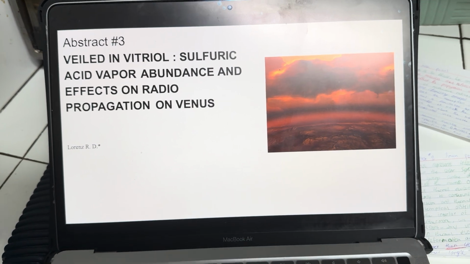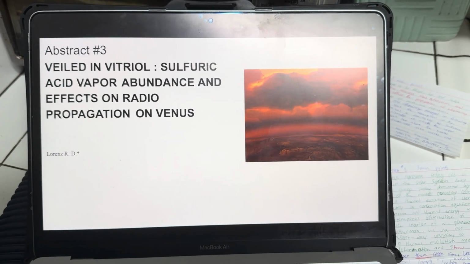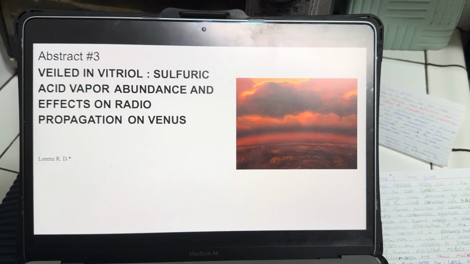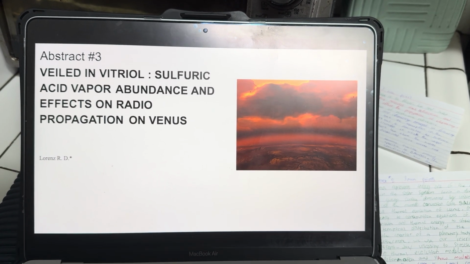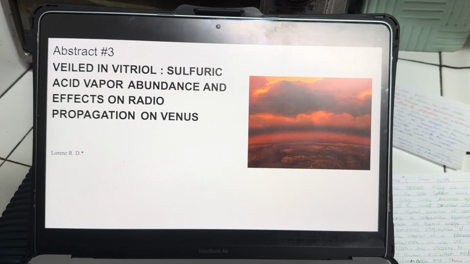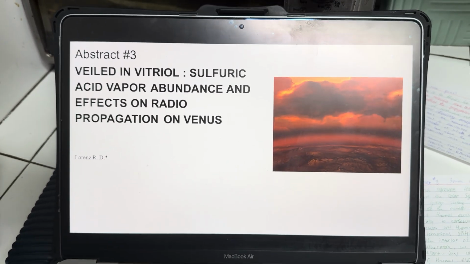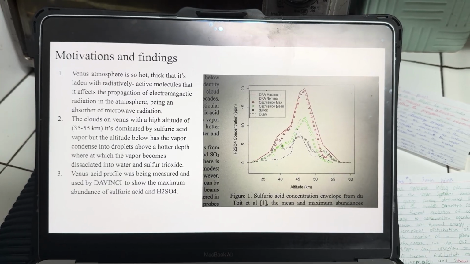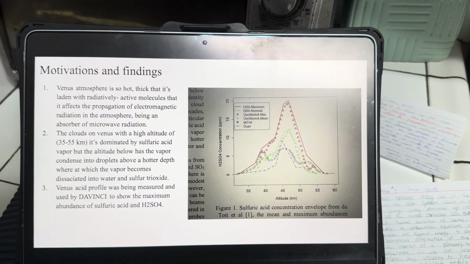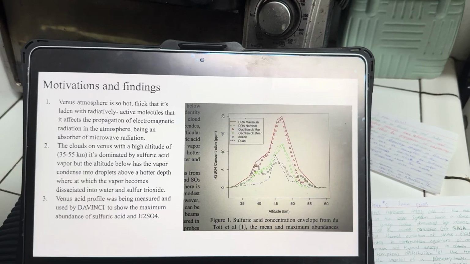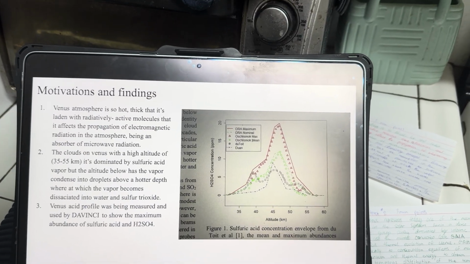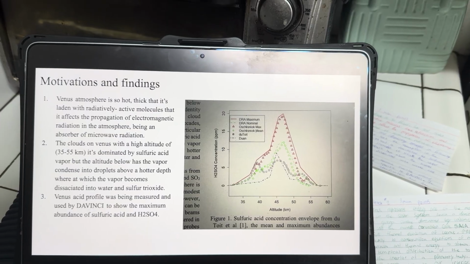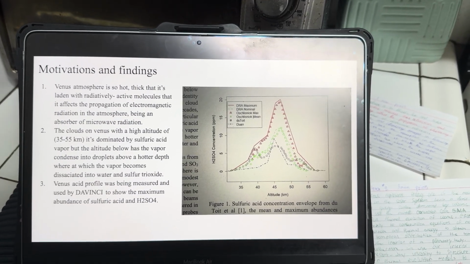This is my third and final abstract, Field in vitro sulfuric acid vapor abundance and effects on radio propagation on Venus, with this author right here. Venus's atmosphere is so hot and thick that it's laden with radiatively active molecules that have an effect on the propagation of electromagnetic radiation in the atmosphere, being an absorber of microwave radiation.